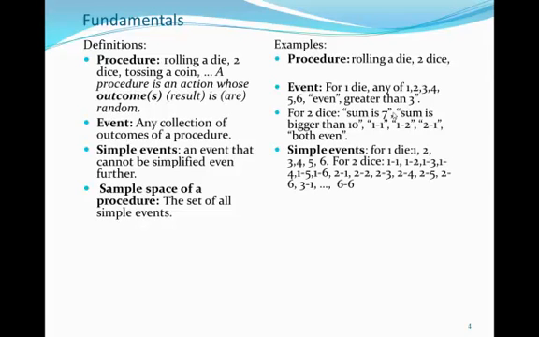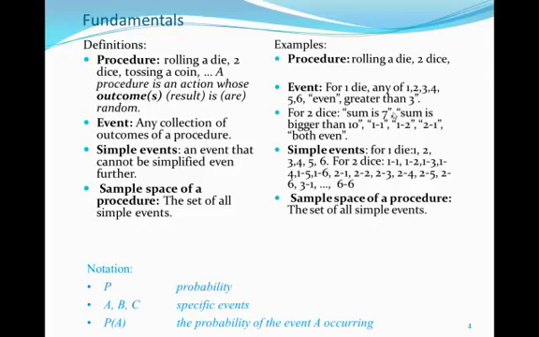Let's take a look at simple event. Simple event for 1 die, getting a 1, that's a simple event. Getting 2 is a simple event, etc. For 2 dice, getting a combination of 1, 1, or getting combination of 6, 6, that is simple event. And sample space of procedure is the set of all simple events.